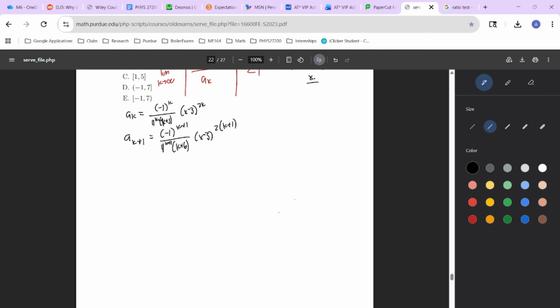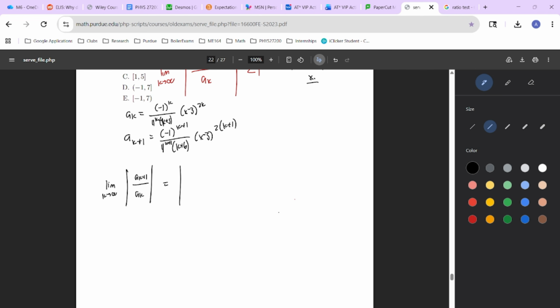With that being said, then we can do the ratio test. This is the limit as k approaches infinity of a sub k plus 1 over a sub k. And as a reminder, we need to evaluate, is this limit less than 1 once finished?